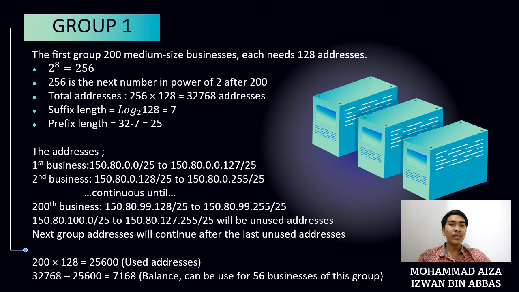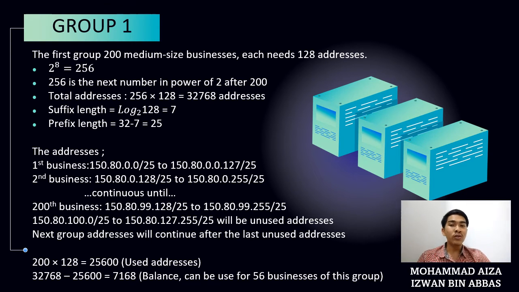How do we find the used addresses? Firstly, we multiply 200 with 128 and we get 25,600. This 25,600 is the number of addresses that have been used.